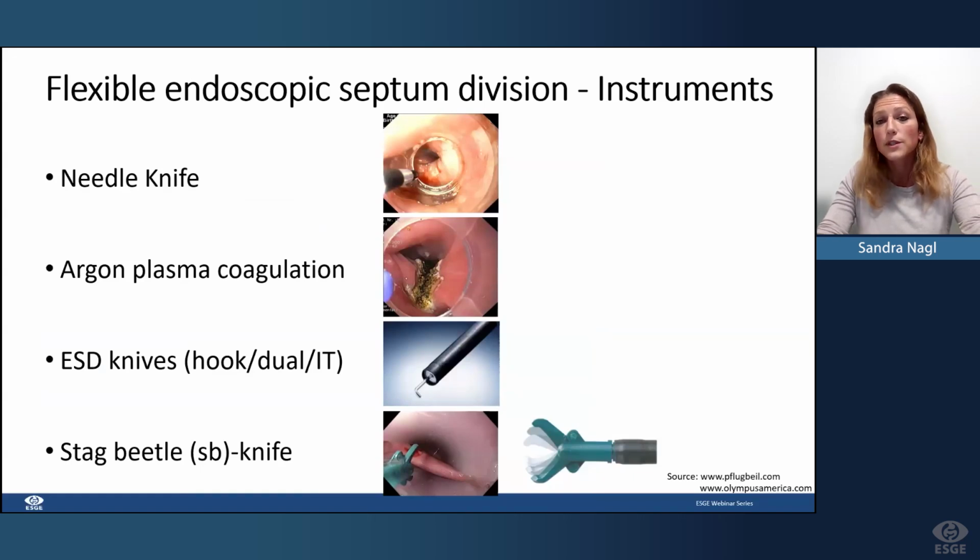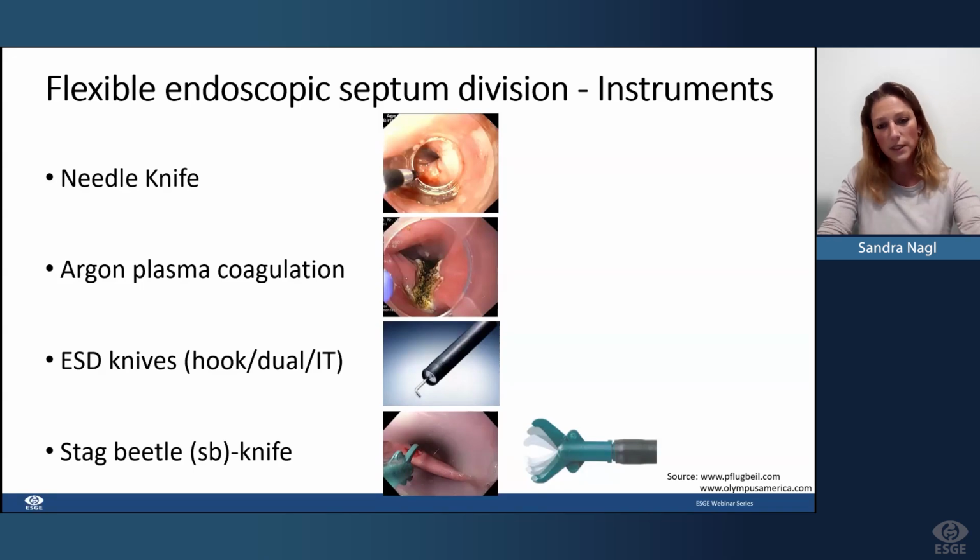Flexible endoscopic septum division can also be performed with different instruments. You can use the needle knife, argon plasma coagulation, ESD knives such as the hook knife, dual knife, IT knife, or a Stag Beetle knife, which is a scissor-like instrument. Overall, in the literature, we find a high clinical success rate with all these instruments, ranging from about 80 to 100%.